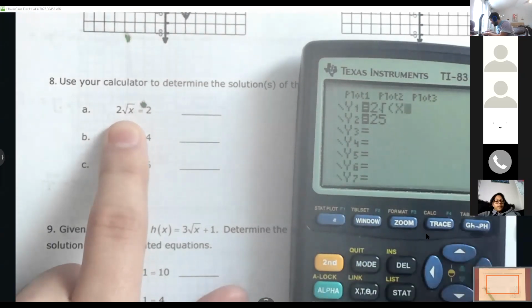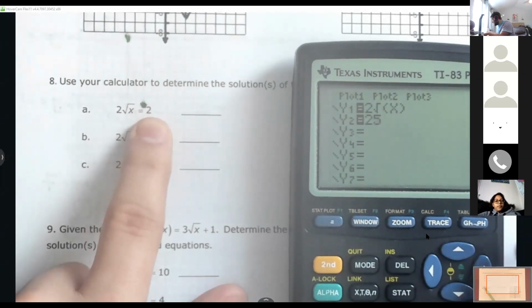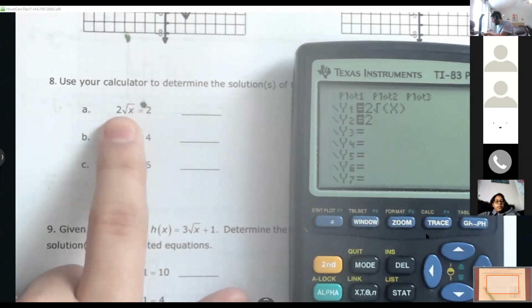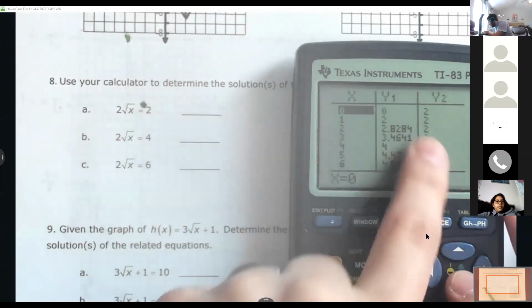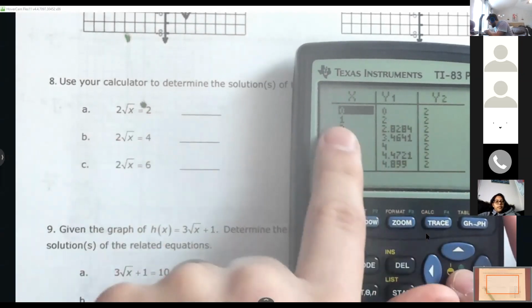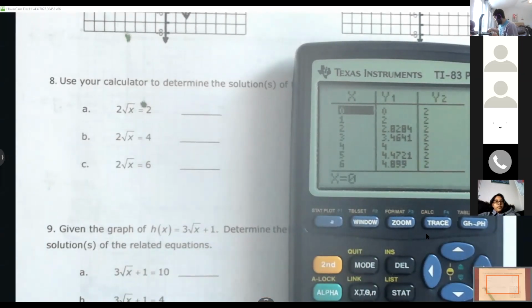This is an old school calculator, so it doesn't look as fancy as yours. We put the right side in y2. Look for where y1 and y2 match. It's the x, so x equals 1. That'd be the first one.